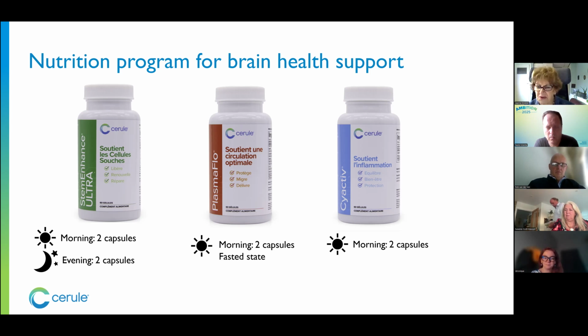And then just my last question, say for instance you start using it at age 35. How much can you prevent yourself from getting these neurological diseases? Can you really limit your chance of getting one of them? I would say we support the repair system and the renewal system.